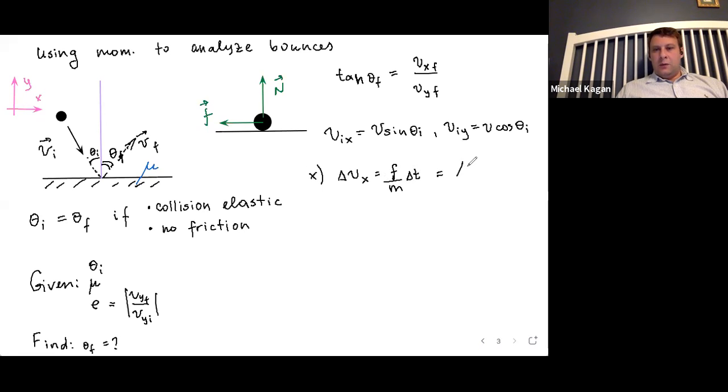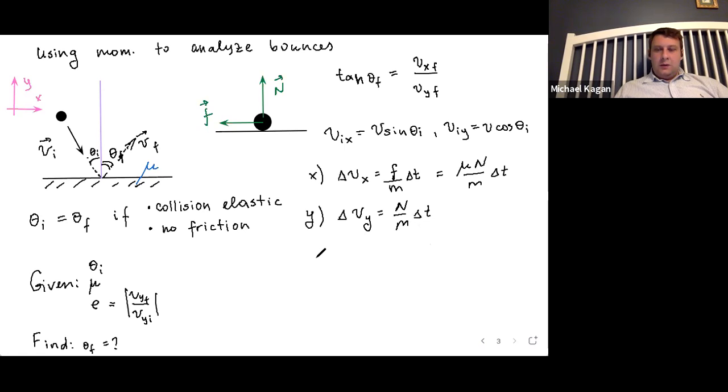And we can write it as mu times normal force over m times delta t. Now, delta Vy equals normal force over m delta t. Okay? So you see there is this combo that shows up in both places. So the rest is basically just a mechanical derivation.